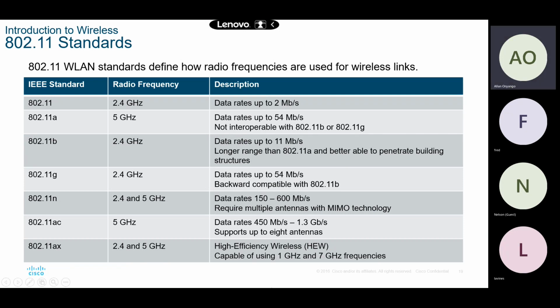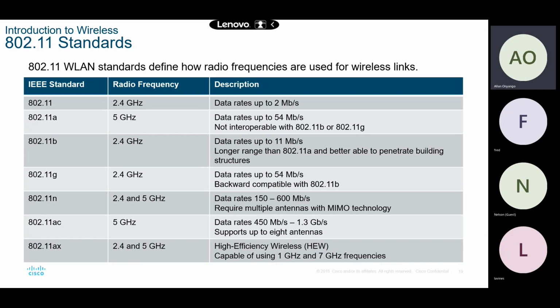We have 802.11a using 5 gigahertz, data rates up to 54 Mbps. 802.11b, 2.4 gigahertz, rates of up to 11 Mbps. 802.11g, 2.4 gigahertz, data rates of up to 54 Mbps. And you realize that some of them are backward compatible, while some of them are not. Backward compatibility means they can coexist with the other standards.